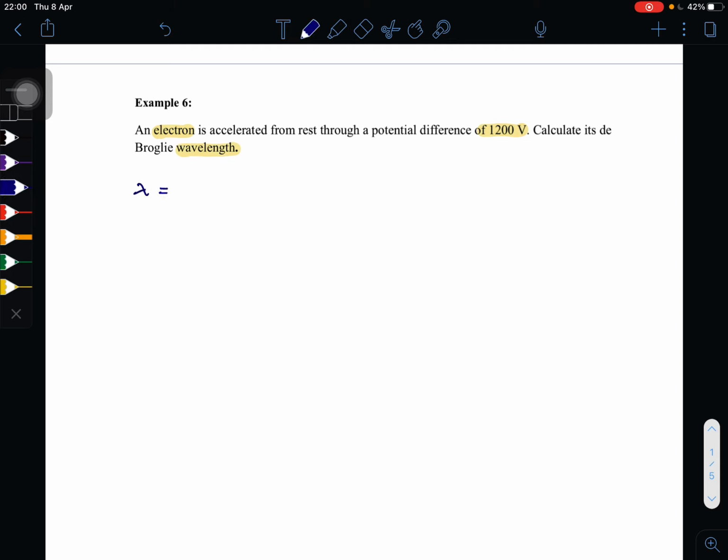So wavelength, this one we are going to use the second formula, which is h over square root of 2 meV. And V here is the potential difference because we have this voltage here.